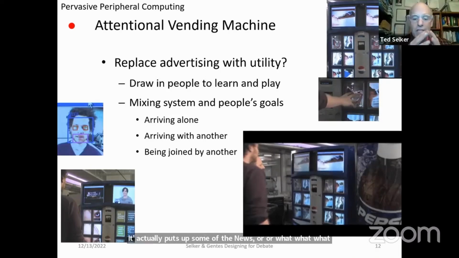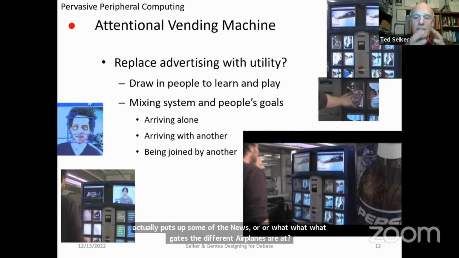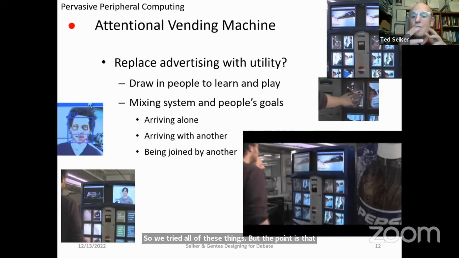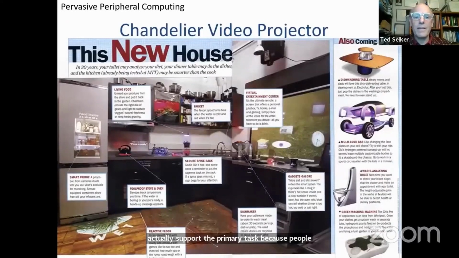So we tried all of these things, but the point is that we're really trying to have an interface that is engaging you not with the primary task, but with something else that will eventually actually support the primary task, because people actually find vending machines that are just glaring at you saying they're Pepsi, Pepsi, Pepsi, a little bit off-putting.